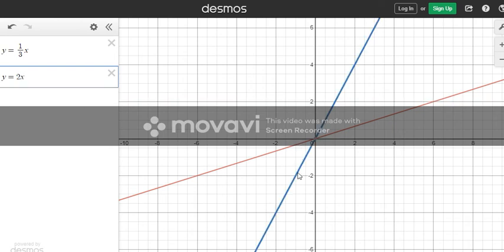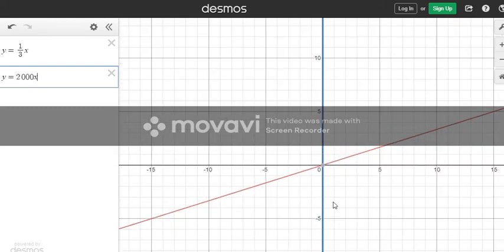The blue one is y equals 2x. That just shows that the higher your slope is, the faster it will increase. Say you wanted to do 2000x. It looks as if it's a straight line. That's very impressive, actually.